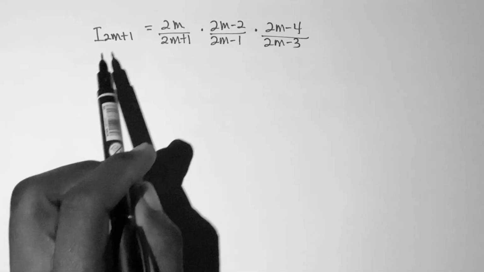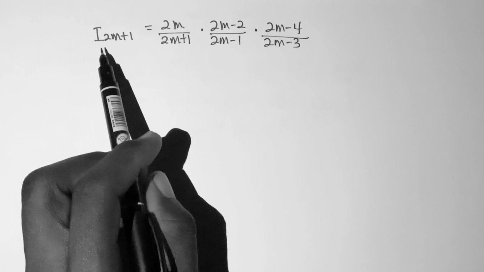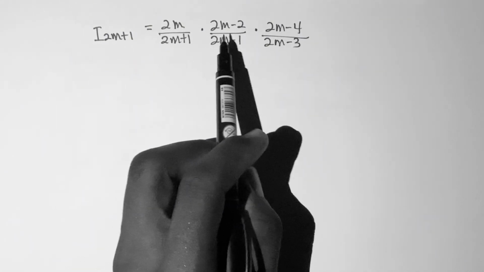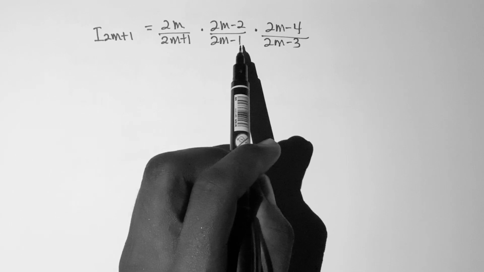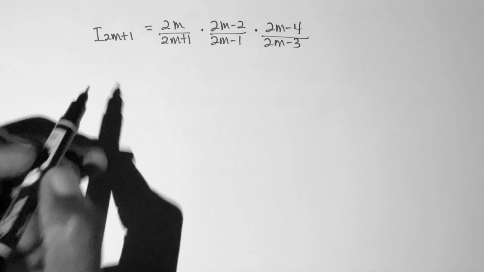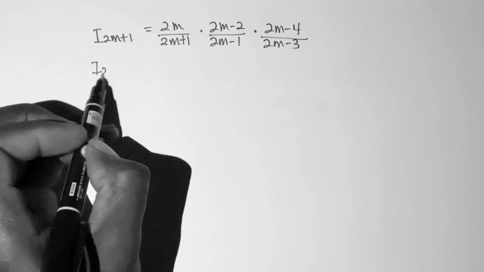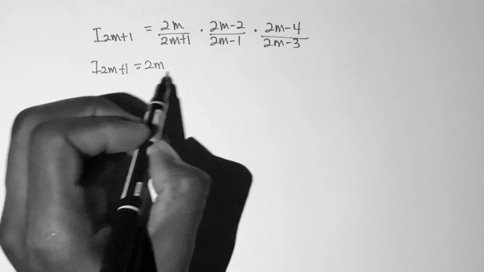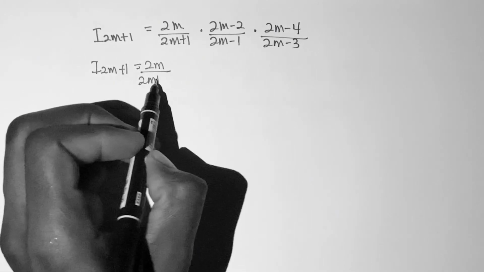So we get the case of the odd numbers as I of 2m plus 1 equals 2m divided by 2m plus 1 times 2m minus 2 divided by 2m minus 1 times 2m minus 4 divided by 2m minus 3.